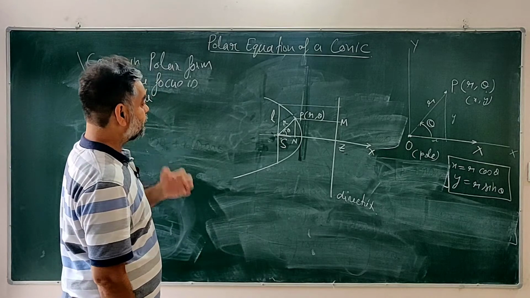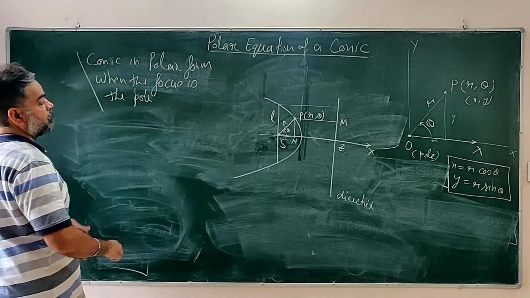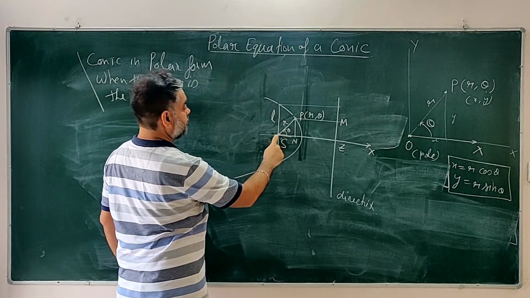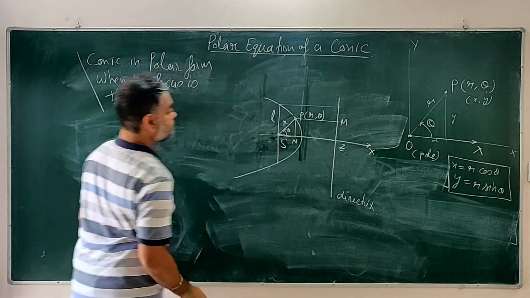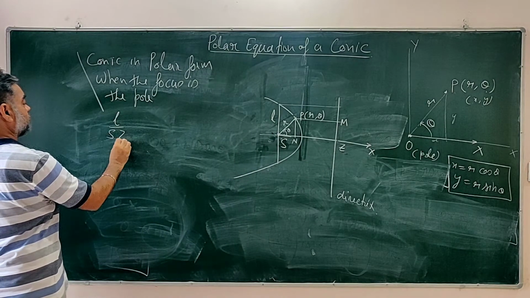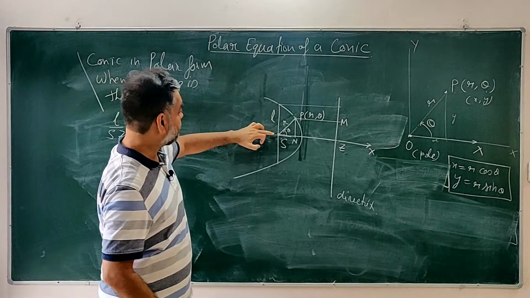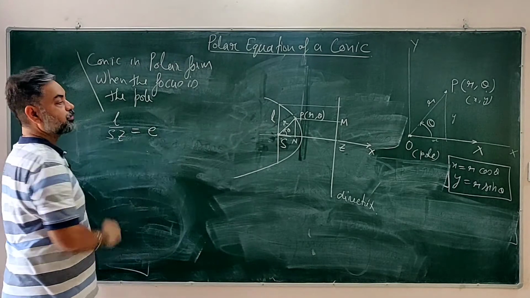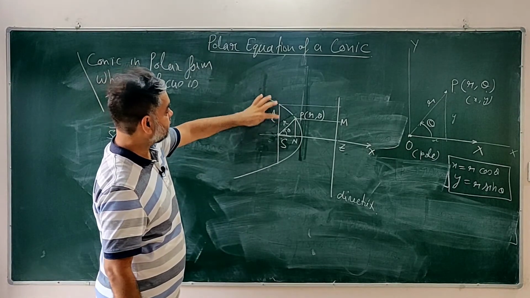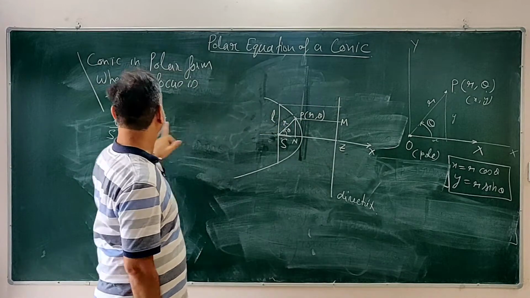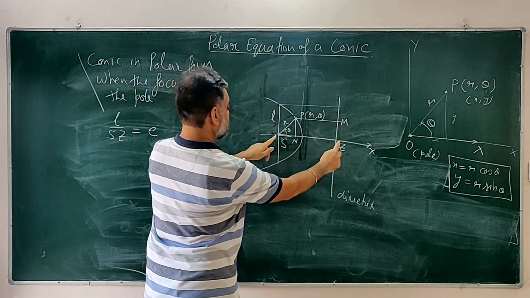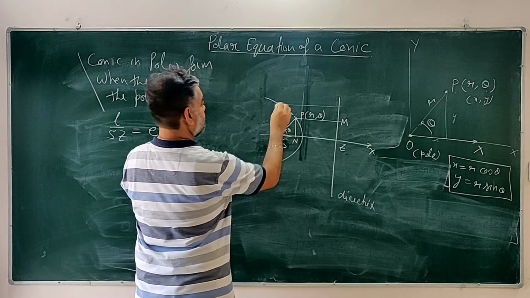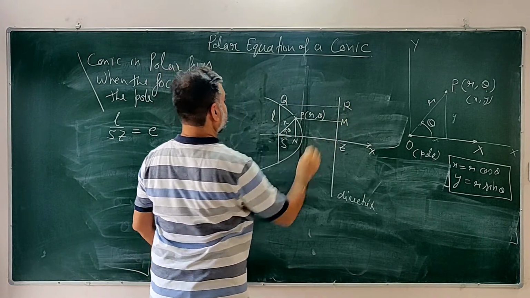Then you observe that L over SZ is equal to E, the eccentricity of the conic. This length is the same as this length. Let's call these points Q and R.